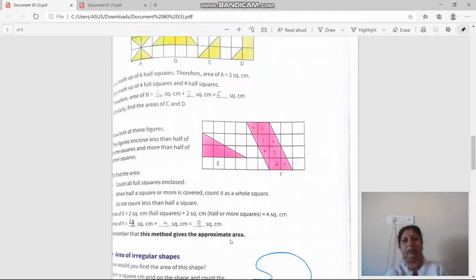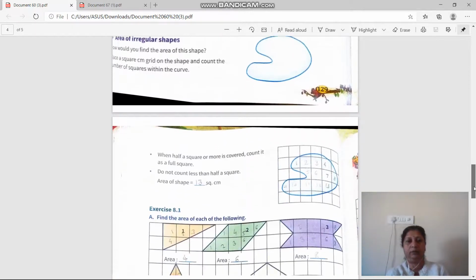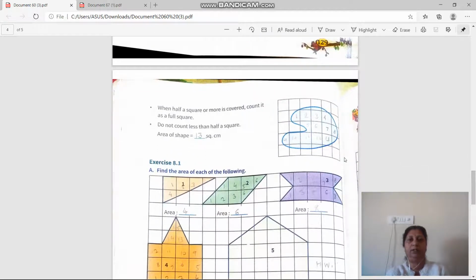Get it? Now these are the figures which are made up of straight lines. If it is an irregular shape, how can we calculate the area? So see here, with the help of a square grid, we can calculate the area of the irregular shape. So how? Let's see. Same method we have to follow. If it is less than half, don't calculate.